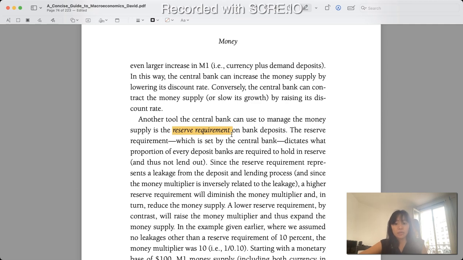The reserve requirement, which is set by the central bank, dictates what proportion of every deposit banks are required to hold in reserve and not lend out.